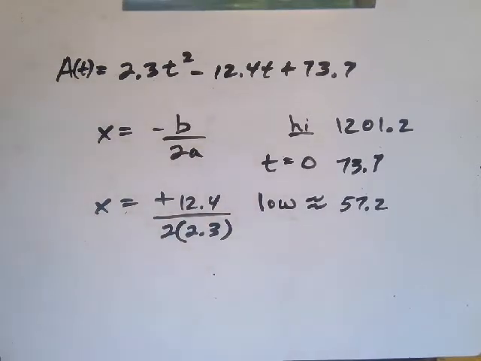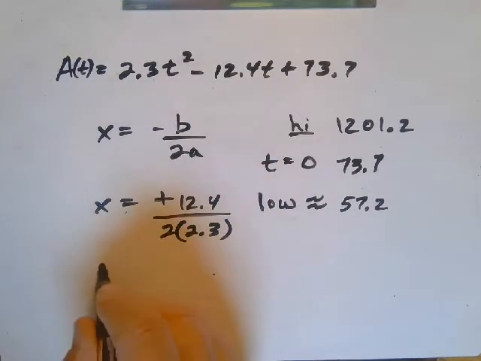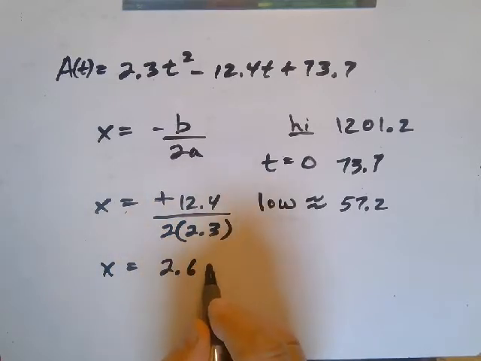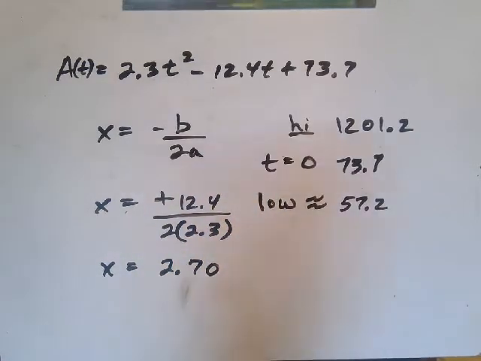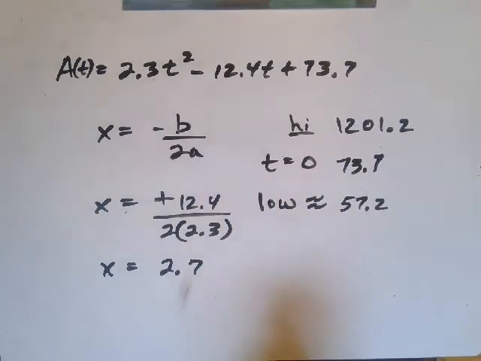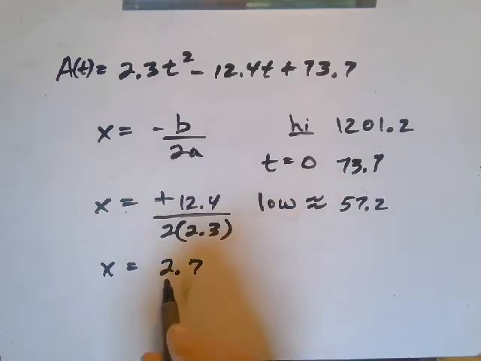And if I plug that into the calculator, 12.4 divided by 4.6, I did that in my head there, I end up with this being in year 2.6, actually it's about 2.70, let's call it. We could just call it 2.7. So in year 2.7, the low would have been found. Okay, so it wasn't at 0.